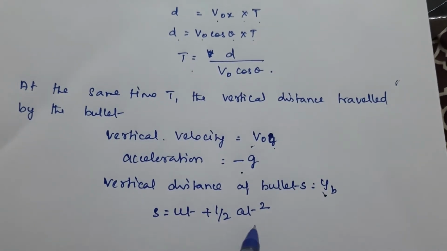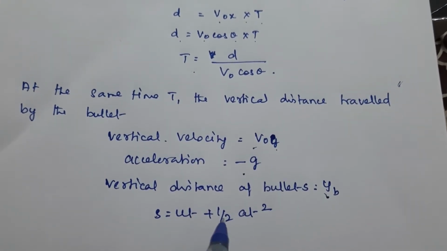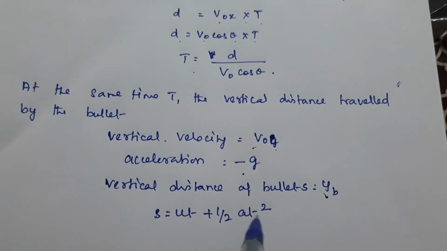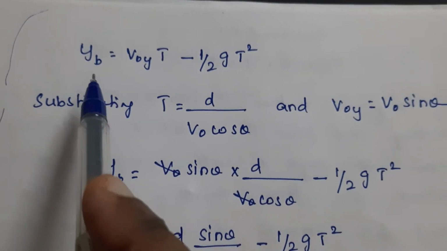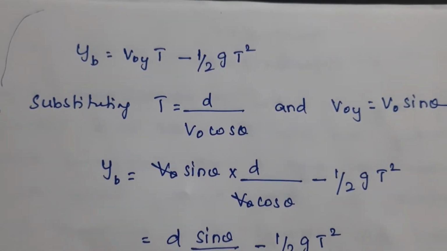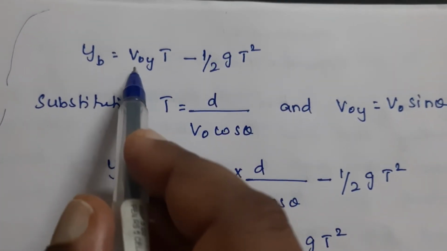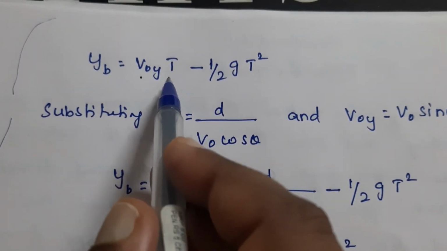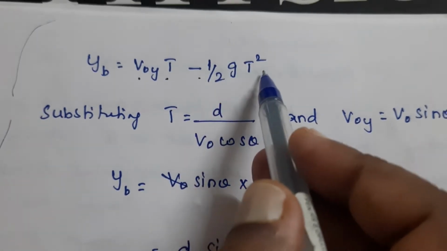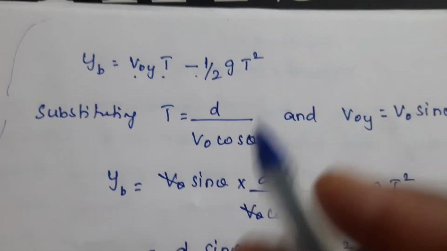So we are going to use the formula s is equal to ut plus half at square. For s I have substituted yb, u is v0y, t is capital T, minus half gt square because a is minus g.